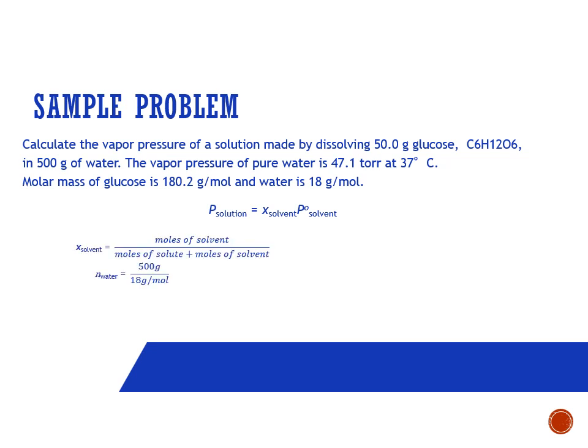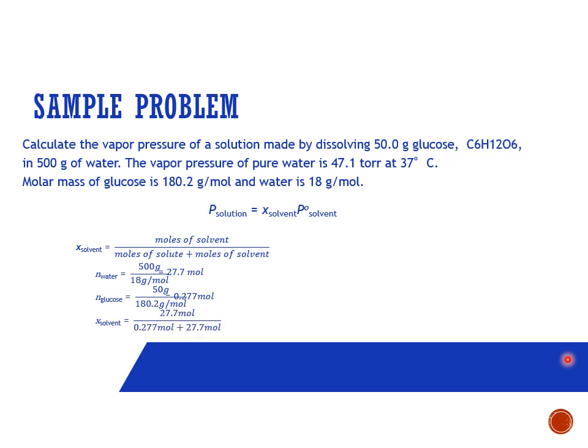So, to compute the moles of water, we have to divide the 500 grams of water given here by the molar mass of water, which is 18 gram per mole, and you'll get 27.7 mole of water. And to compute the moles of glucose, given here, 50 grams of glucose divided by the molar mass of glucose is 0.277 moles of glucose.